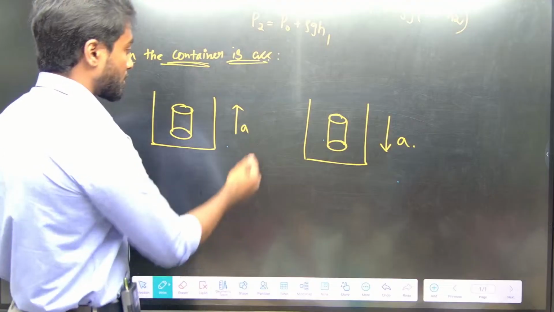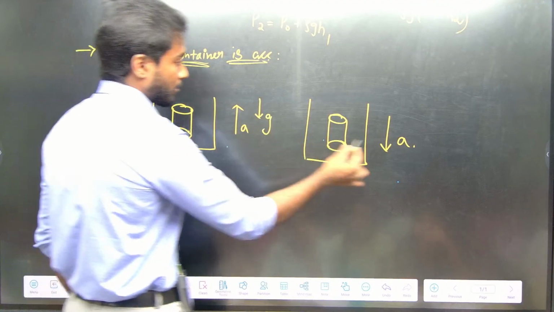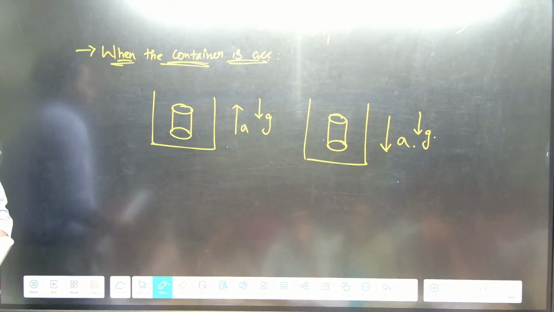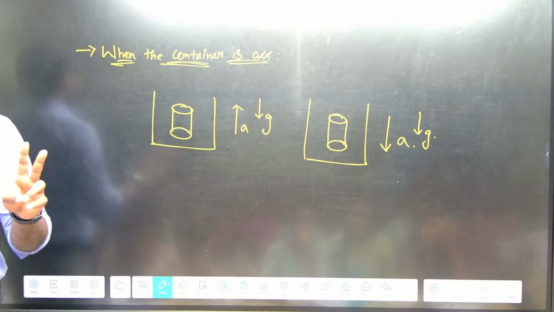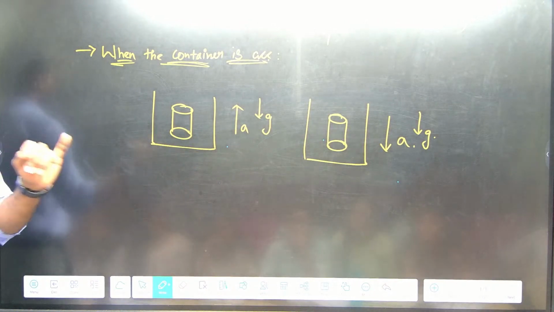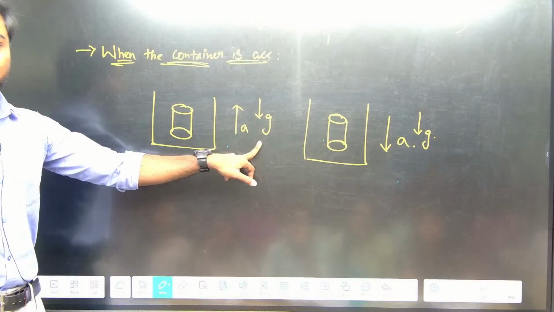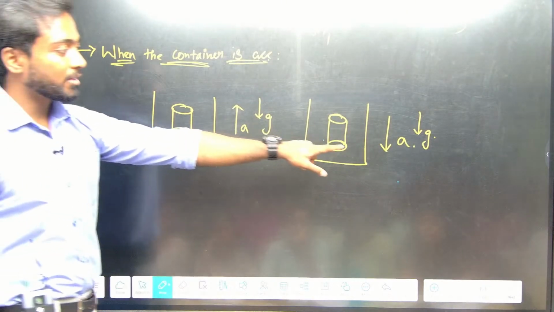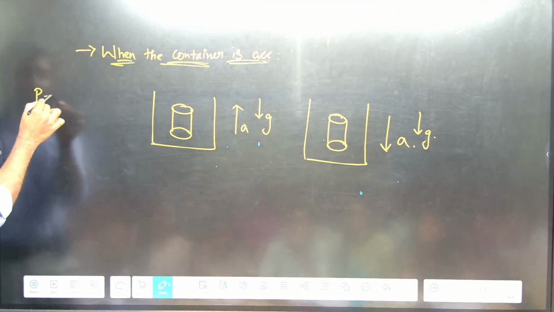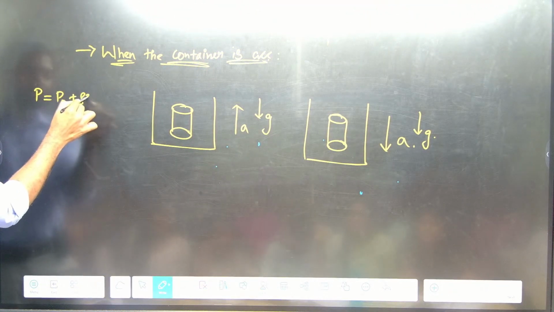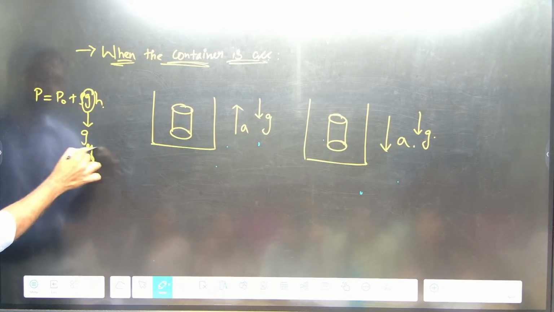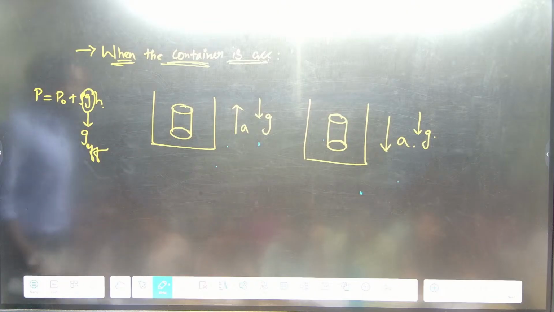In this, gravity is there, here also gravity is there. What have we talked about vertical acceleration in laws of motion? I should talk about the effective acceleration. If both are in opposite direction, I should add it. If both are in same direction, subtract it. So what is the formula? P is equal to P naught plus rho g h. So this g, we are talking about g effective.